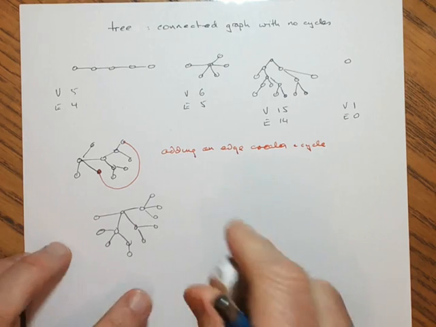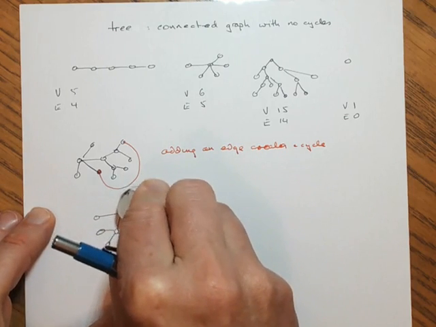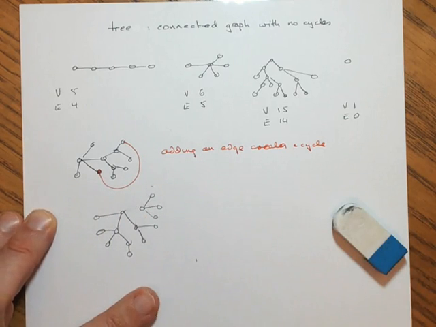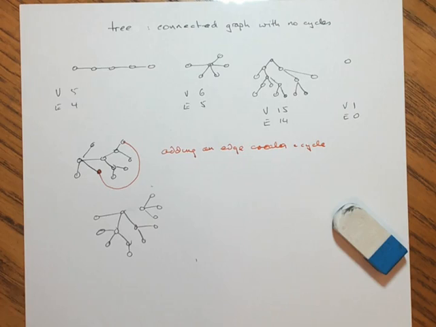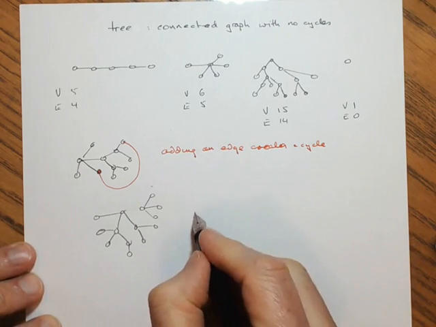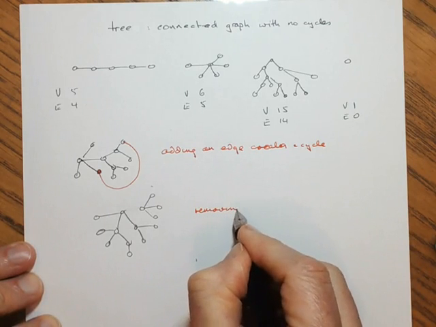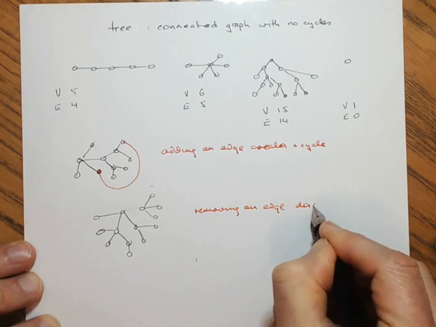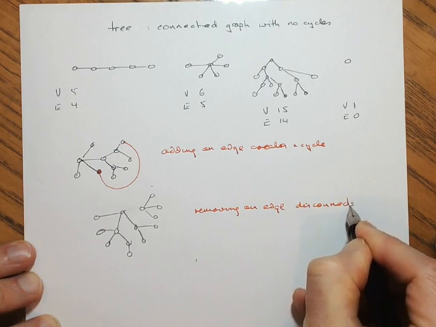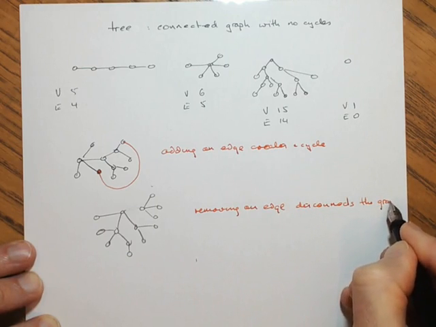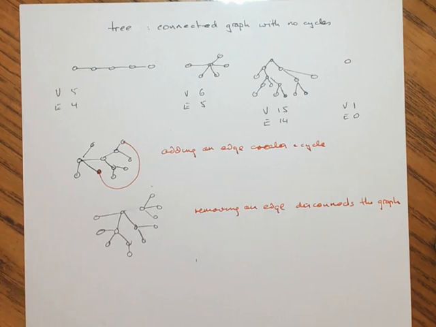If I remove it, what happens? I now have two pieces, two components. It disconnects the graph. So that's another characteristic of trees. Removing an edge disconnects the graph, or results in a disconnected graph.